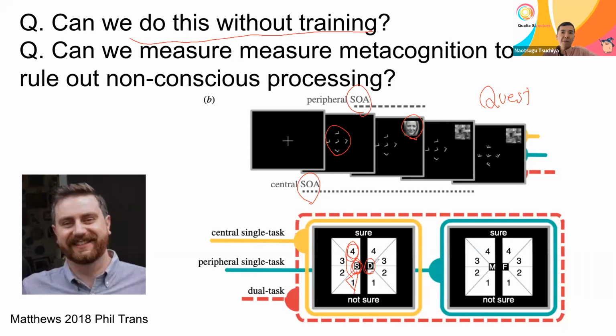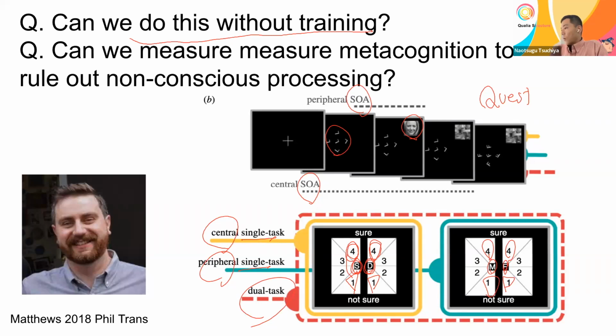And the same goes for different. I definitely saw that one letter was different, or I was not sure, but maybe one different letter was included. The same goes for the face. Either I definitely saw male or definitely female, to an unsure option, and they can choose intermediate ones as well. And then we compare these three situations: central single, peripheral single, or dual. Okay, makes sense?